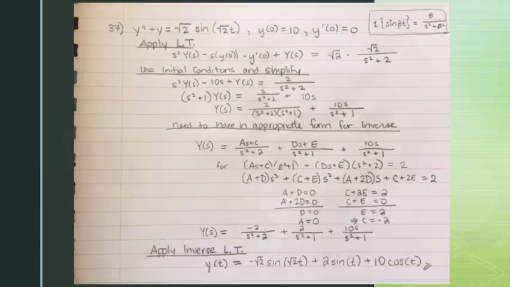So on number 37, here you have a second order differential equation, and I applied the Laplace transform. On the left hand side, you'll see for y double prime I have these three terms. For y, because that's linear, no derivative, I just have a Laplace transform. On the right hand side, from 7.1 or the beginning of 7.2, we have this expression.